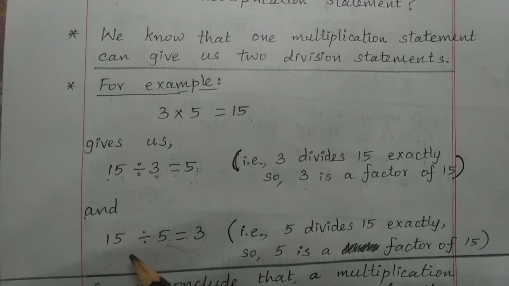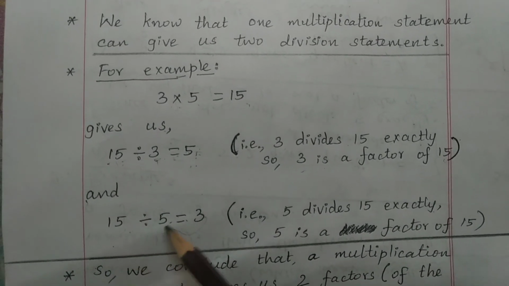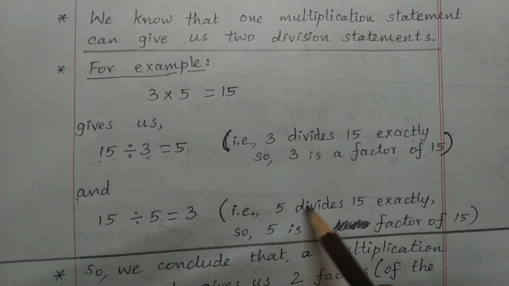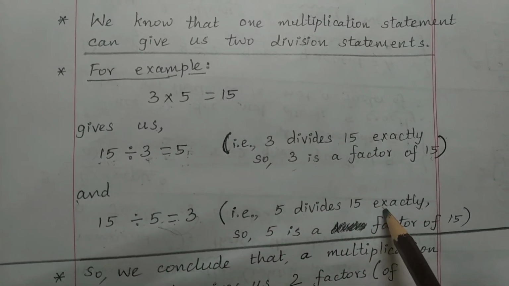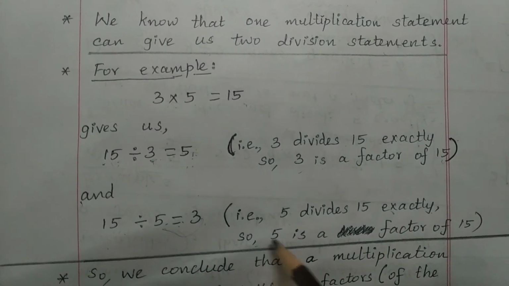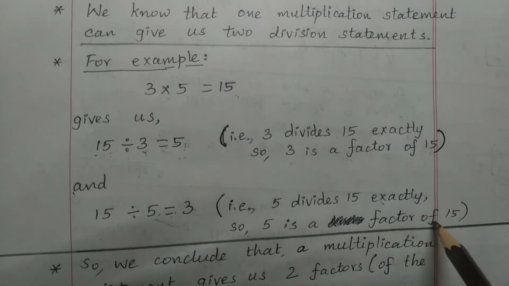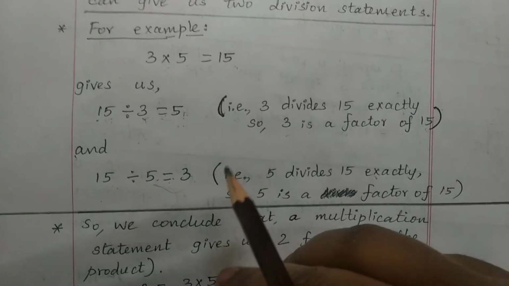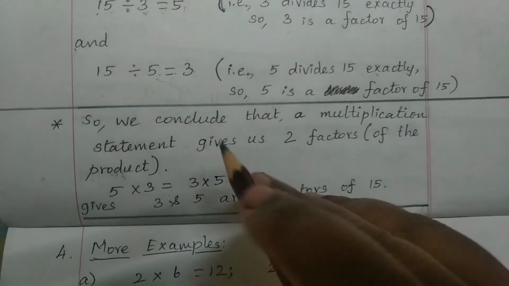Similarly, in the next case, 15 divided by 5 is equal to 3. That is, 5 divides 15 exactly with remainder 0, or without remainder. So 5 is a factor of 15. Listen.